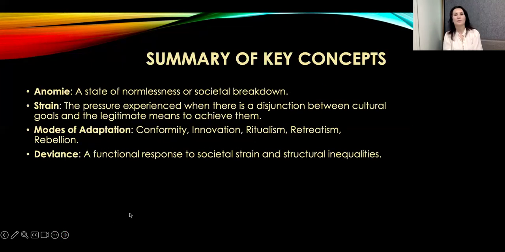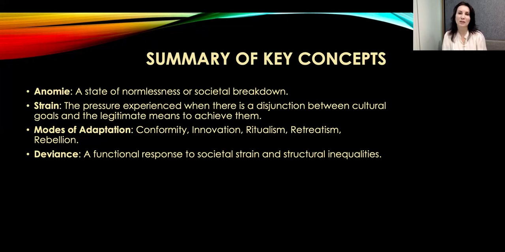So here is the summary of key concepts we talked about in this lecture. Structural functionalism, one of the grand theories in sociology, was introduced by Emile Durkheim. Durkheim's work was expanded and deepened by other structural functionalists. Durkheim does a great job of explaining how social structures and social institutions work together to create stability in society.